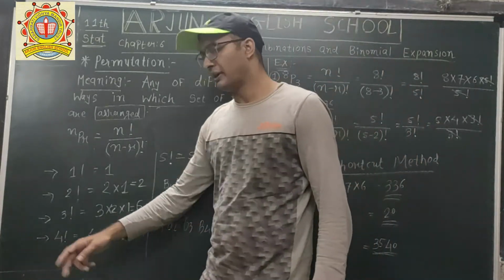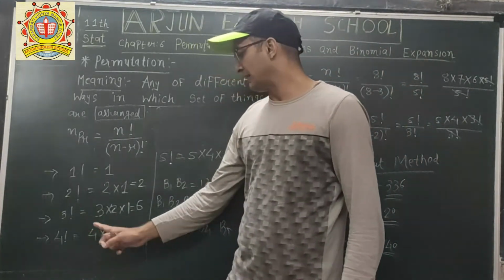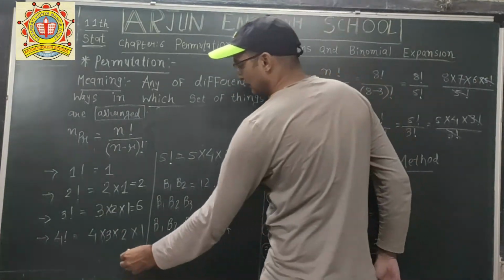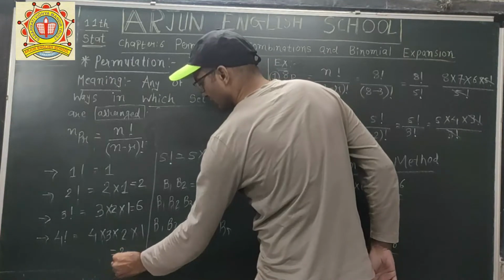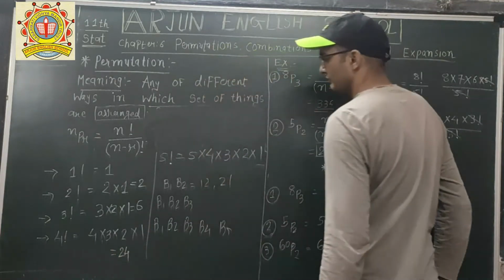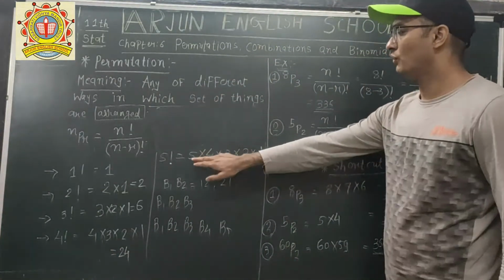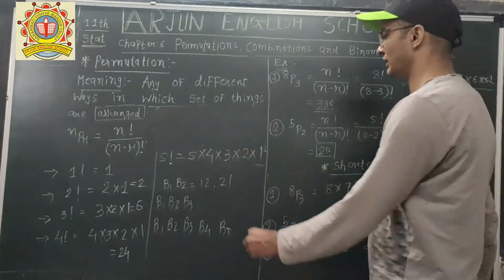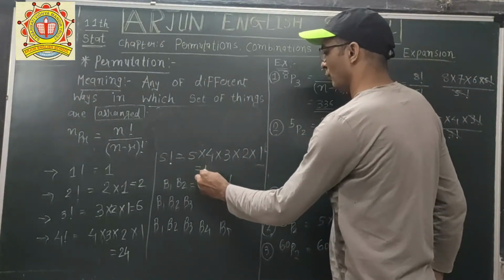Then 4 factorial is 4 multiplied by 3 multiplied by 2 multiplied by 1, so the answer is 24. 5 factorial is 5 into 4 into 3 into 2 into 1, which comes to 120.